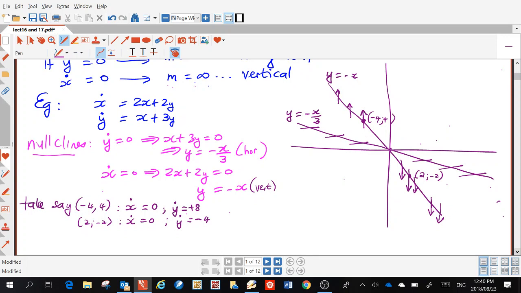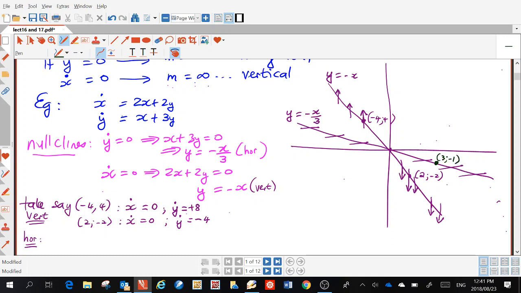Now let's consider the other one, the horizontal ones. These are the verticals. For the horizontal, what's a nice number that we can take here? Say, if I take x to be 3, y is minus 1.